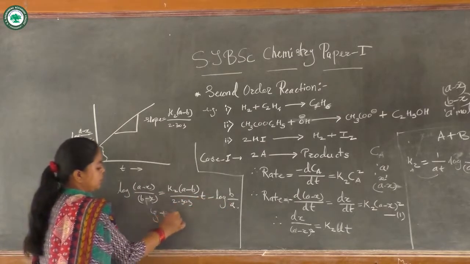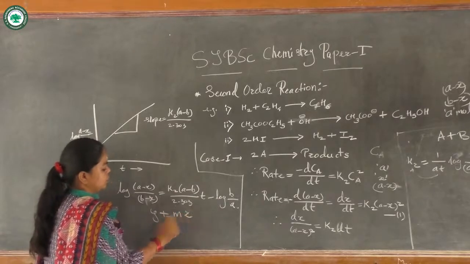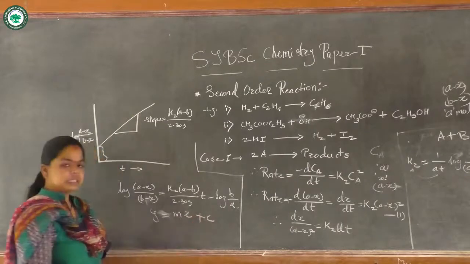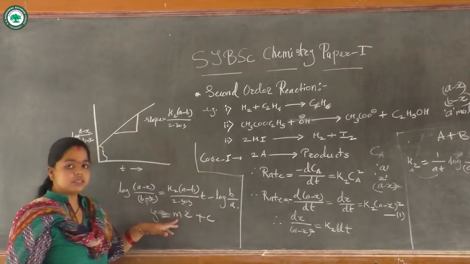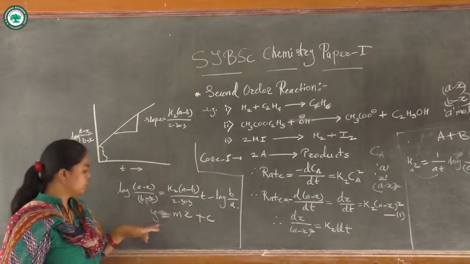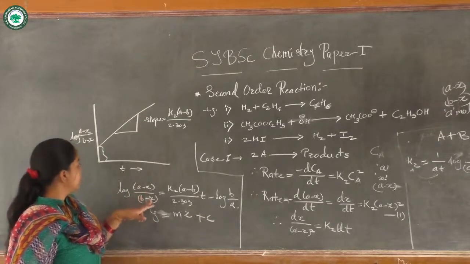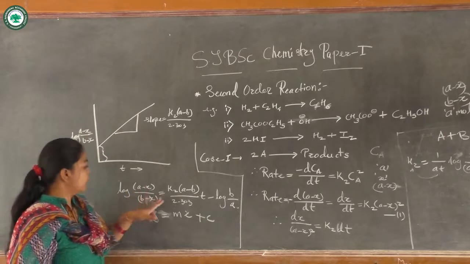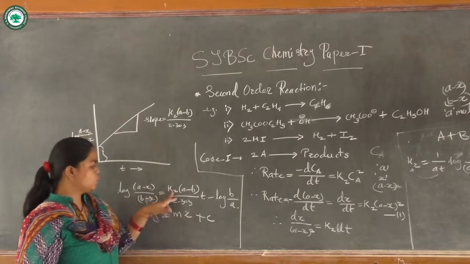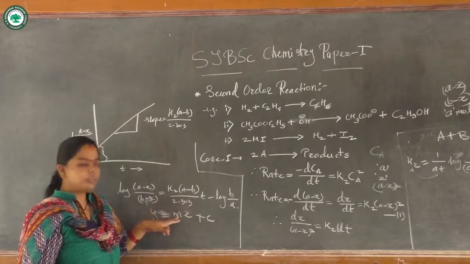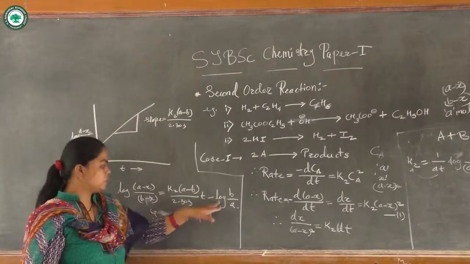So it is similar to the equation y equals mx plus c. Here y is log of a minus x divided by b minus x, m equals k2 into a minus b divided by 2.303, and c equals minus log of b upon a.